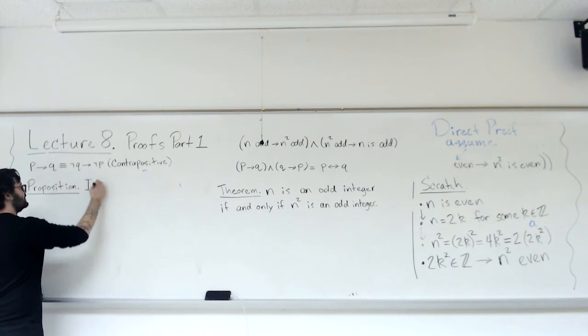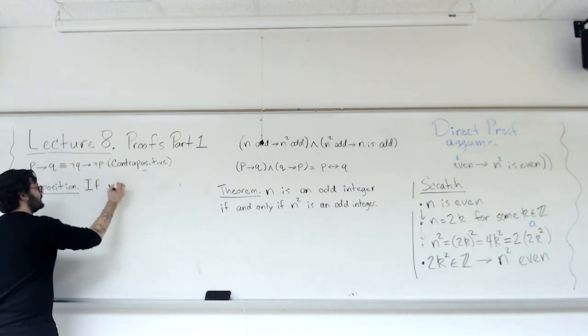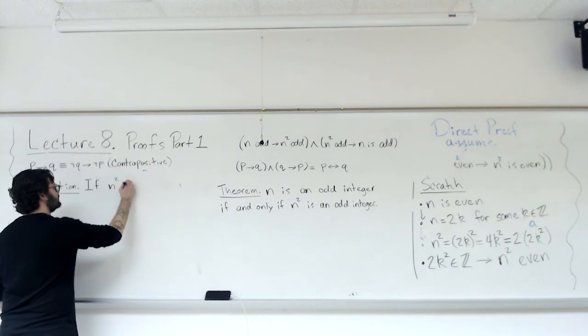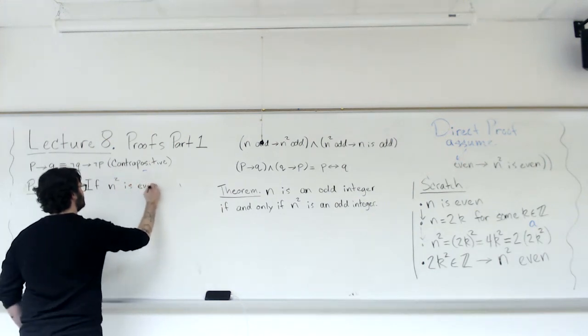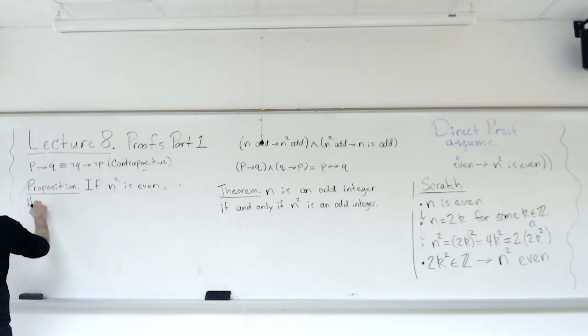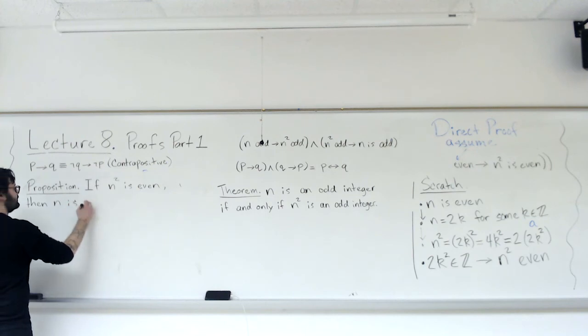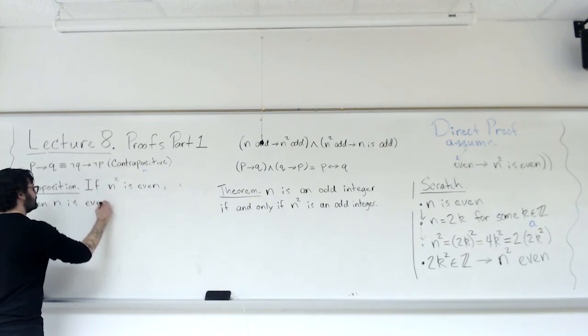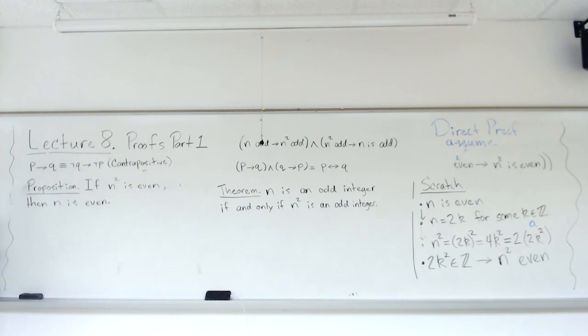And this states that if n squared is even, then n is even. I didn't write conjecture this time. This is true. But why?